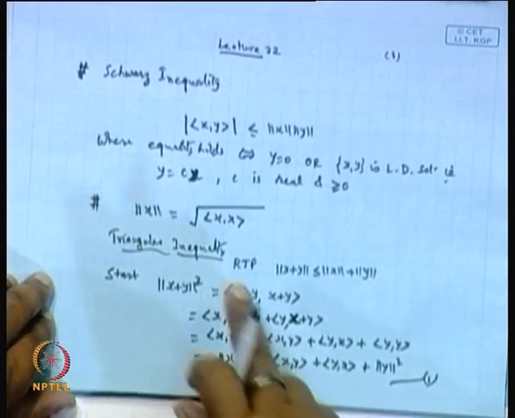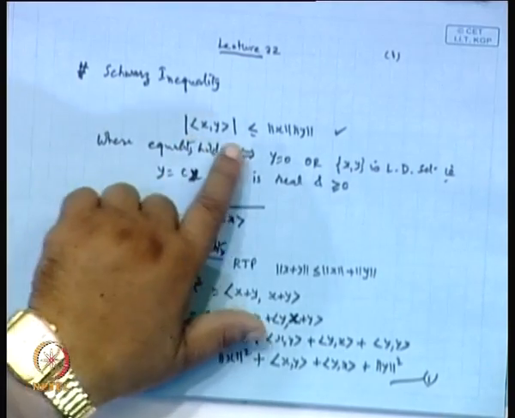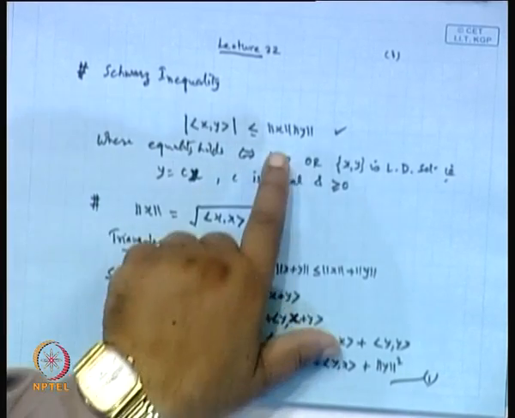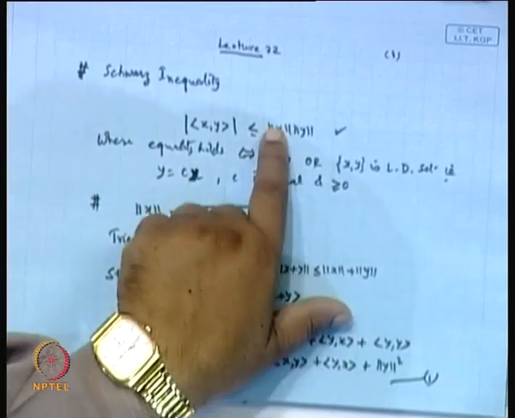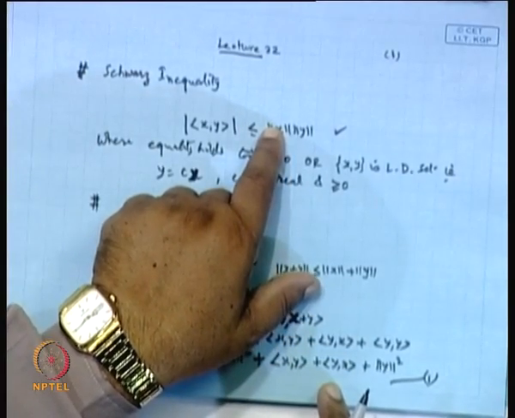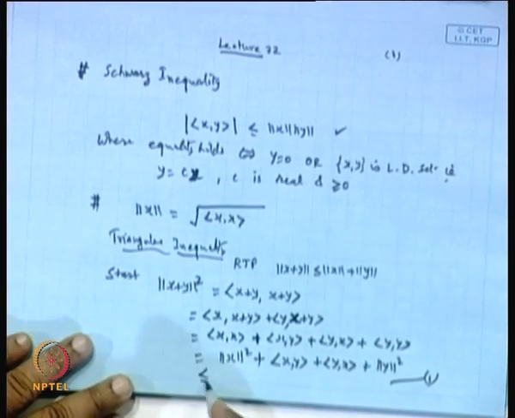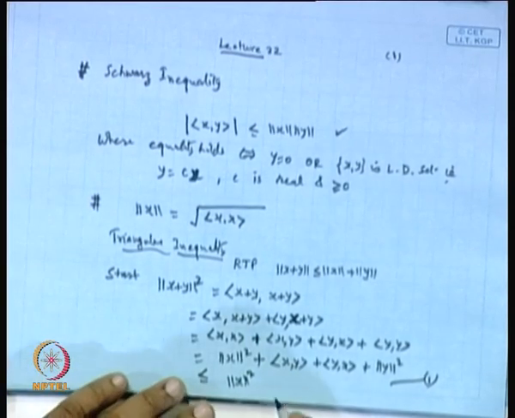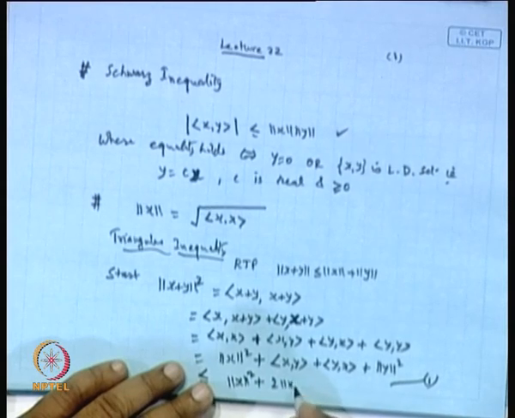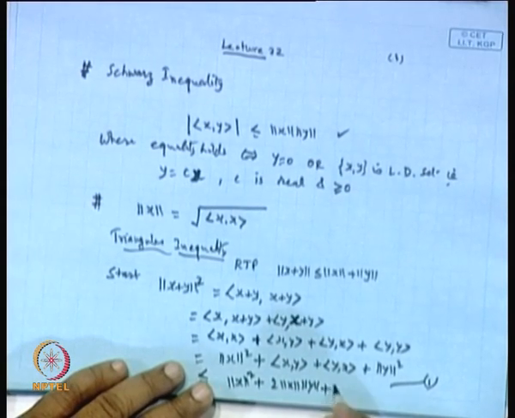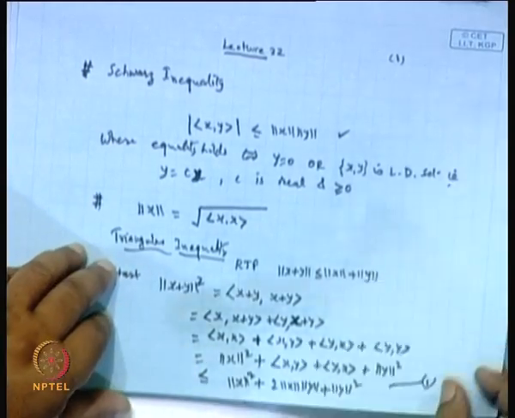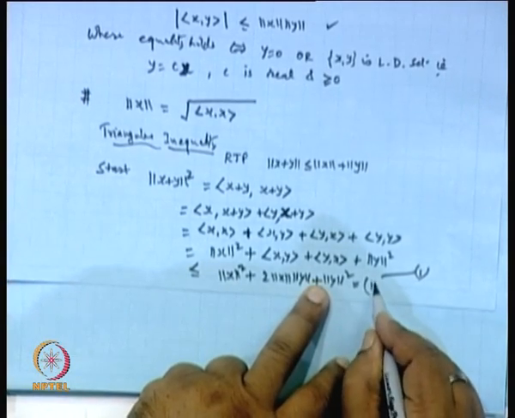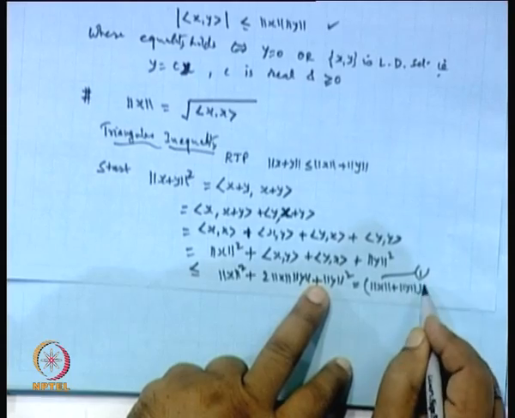Now, we know the Schwarz inequality says that the modulus of the inner product of x and y is less than or equal to norm x into norm y. So, this inner product x y will be less than or equal to norm x norm y. The inner product y x will also be less than that, because it is the conjugate of x y only. So, it will be further less than or equal to norm of x whole square plus 2 times norm of x norm of y plus norm of y square, and that will give the norm of x plus norm of y whole square.